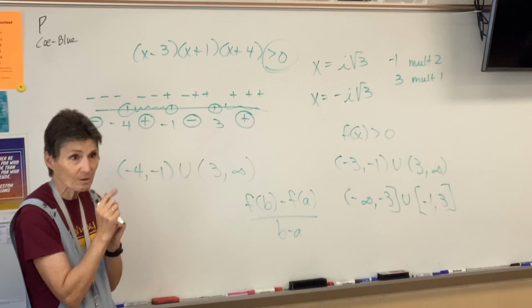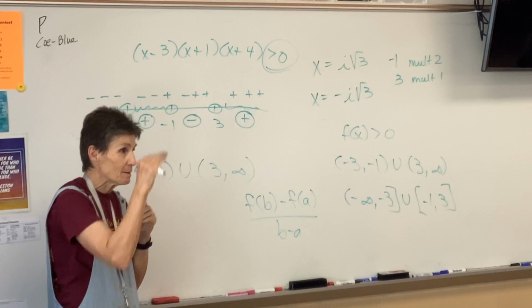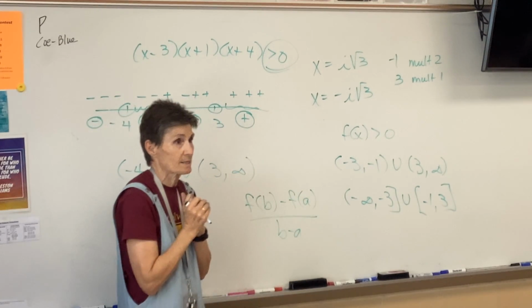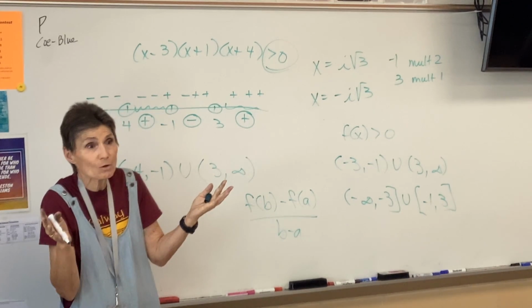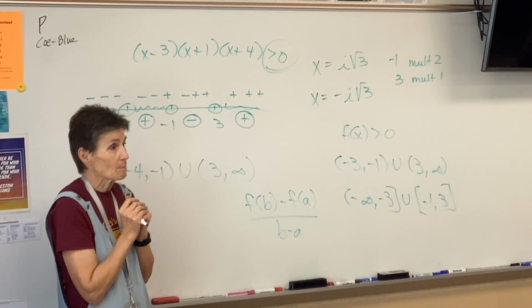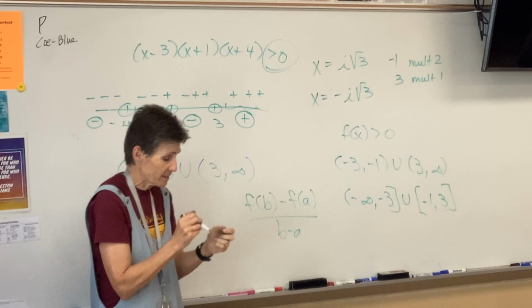You gotta learn to follow the directions. If I'm an AP grader, they give me a rubric. 1 point for this, 1 point for this, 1 point for this. And everything you don't have down there is minus a point, even if you know how to do the problem and get the right answer. All right, so discipline. Follow the directions.